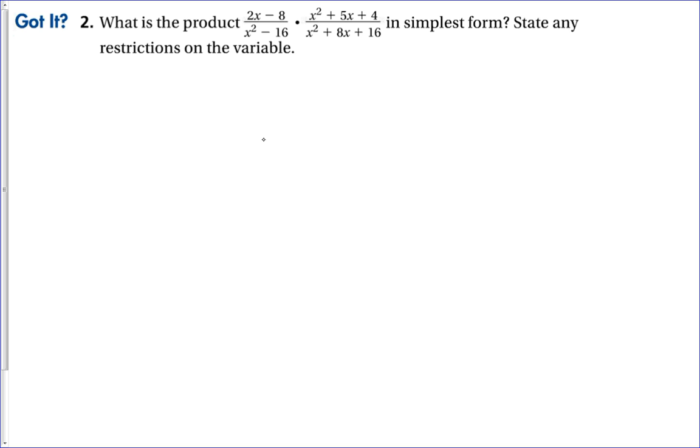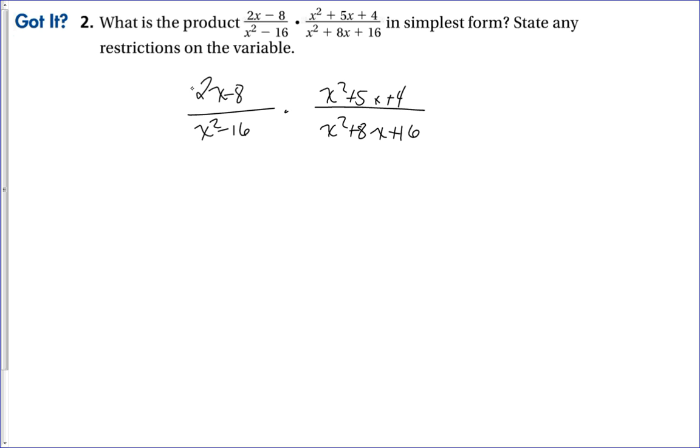All right, so the first thing you want to do is factor, factor, factor. So we have 2x minus 8. I'm just going to rewrite it. We have x squared minus 16 times x squared plus 5x plus 4 over x squared plus 8x plus 16. So factor, factor, factor.